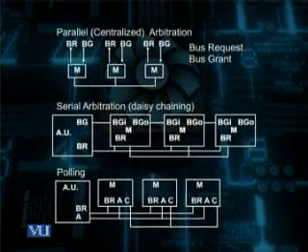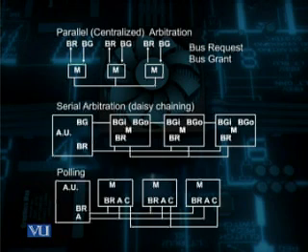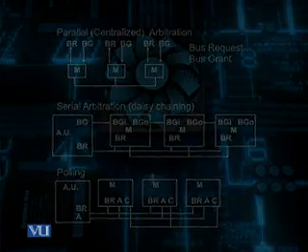You can see it from this diagram over here. Now here you can see that if the device has requested bus access, it uses the grant line to determine whether the access has been given to it or not.